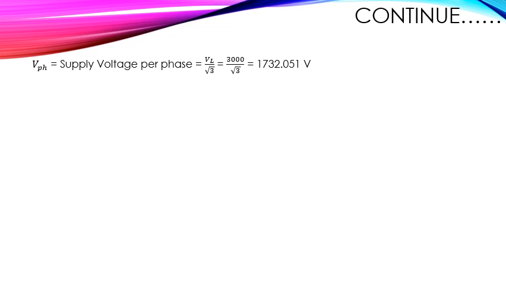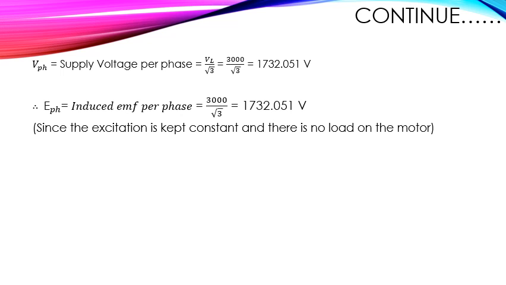So the phase voltage is 3000 divided by root 3, then we will get 1732.051 volts. Then get the induced EMF per phase, equal to 3000 divided by root 3. Here the induced EMF per phase is calculated by taking the value of line voltage, that is 3000 volt.